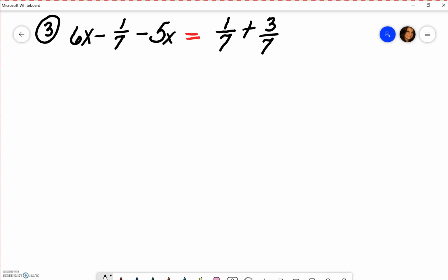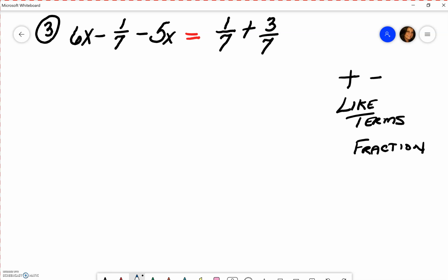And when we say combine, remember that's, can we add or subtract anything that's like, whether it be like terms or whether it be like fractions. So thinking of this, you can see over here on the left side, we can combine these two right here by subtracting them because they both have the variable x.